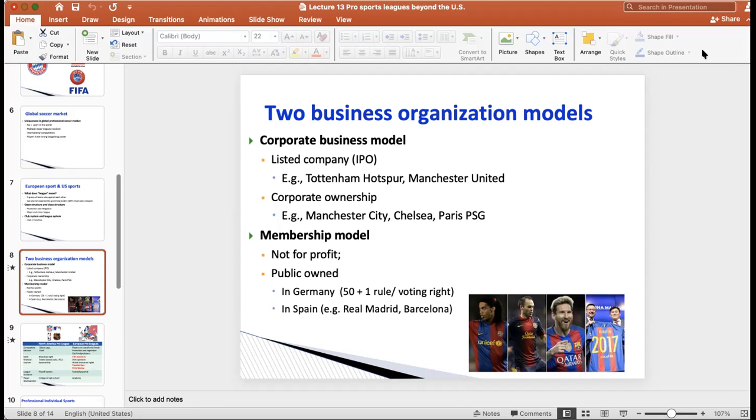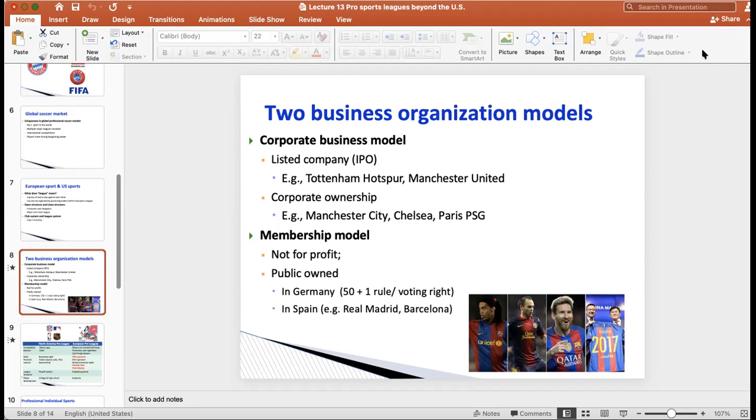However, with the money they put in, they can only get less than 50% of the ownership. Which means they need to make sure all the teams are still owned by the public, right? But private investors are able to put their money into the teams, right? So that's the 50 plus 1 rule.